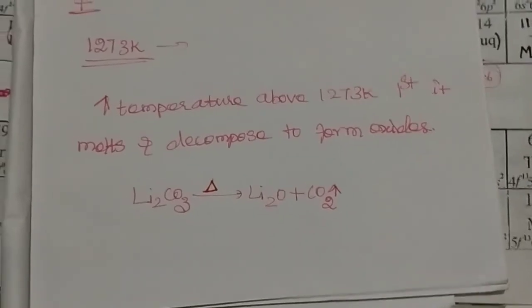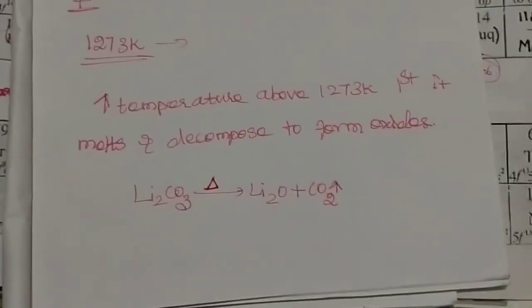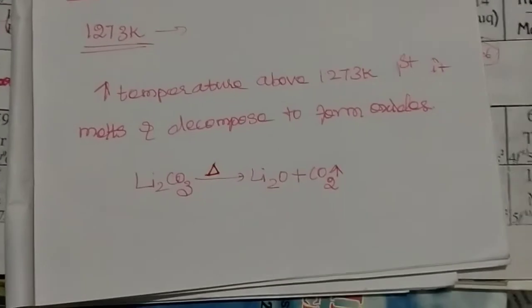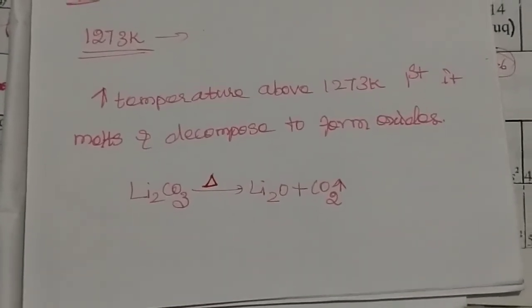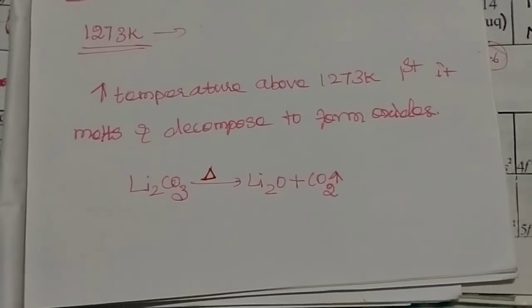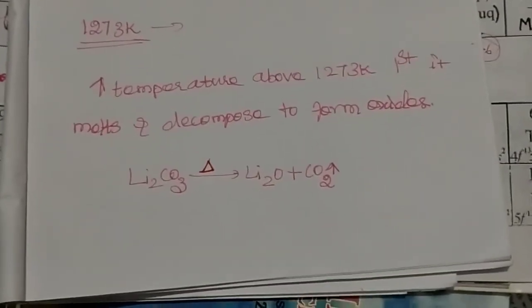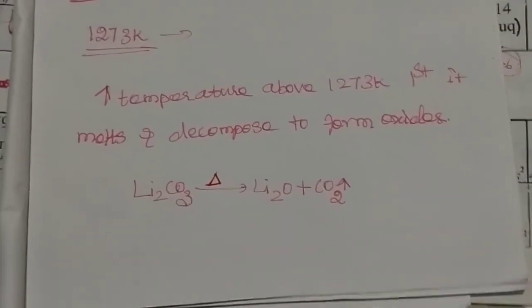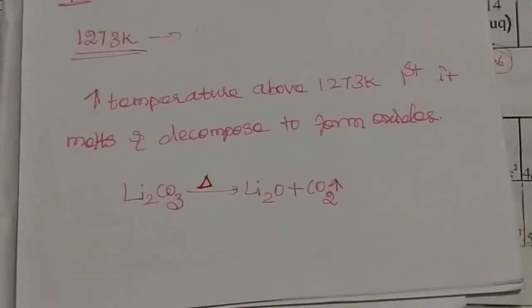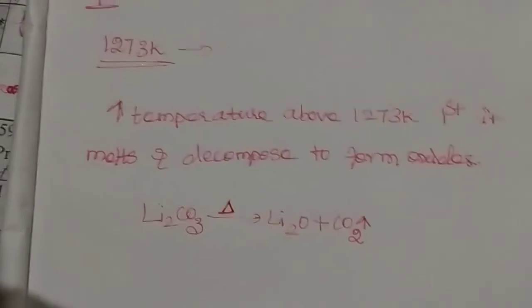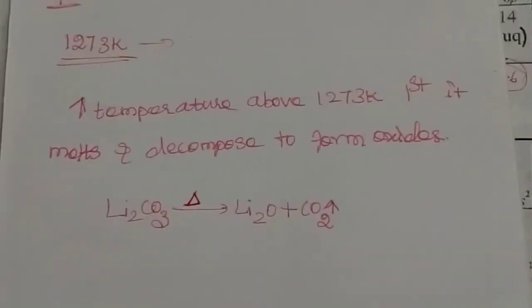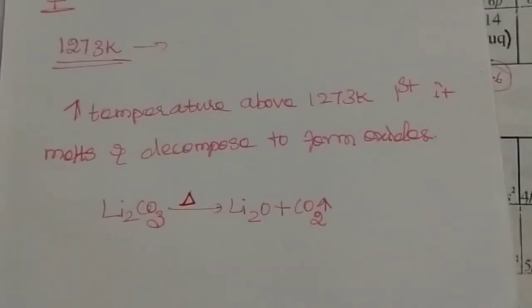Because of the different size of this metal. Lithium is a smaller size metal cation, and carbonate is a large one. Because of this variation of size, it can easily decompose when heated.